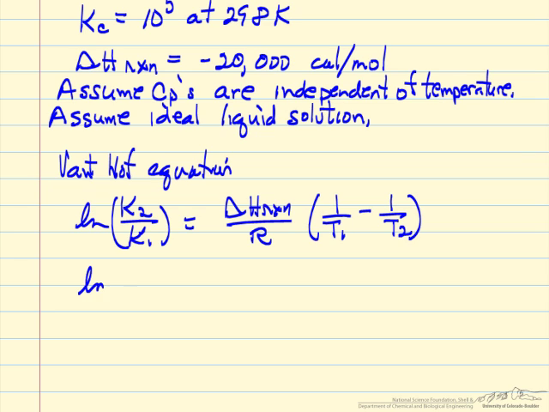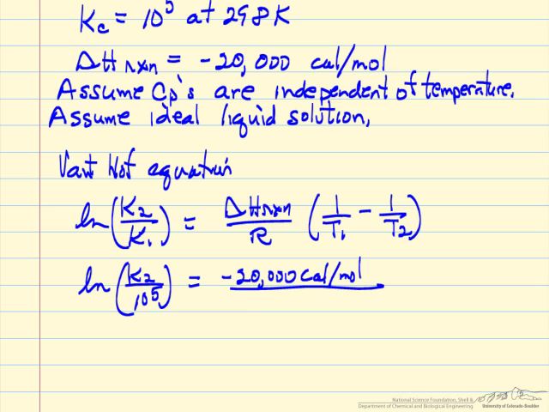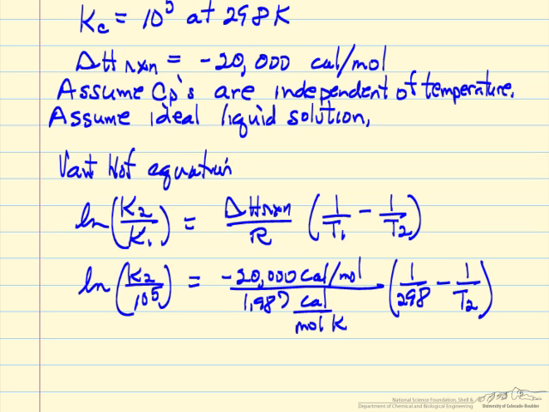Well, we know the equilibrium constant at one temperature, that's 10 to the 5th, and we know the heat of reaction, 20,000 calories per mole. We're going to use a gas constant that has the correct units, and the 10 to the 5th equilibrium constant is at 298, and then we want this in general for other temperatures.